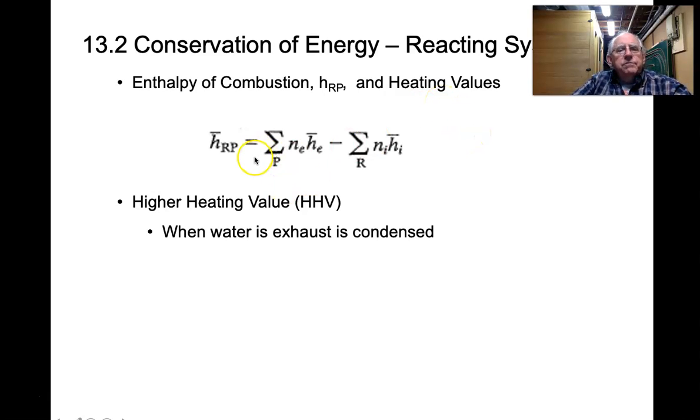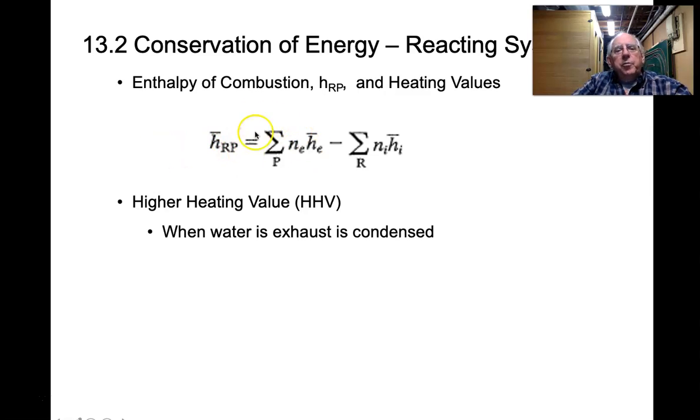Now, in your various tables, you'll see that this value is listed, and it's listed as two different values. One referred to as the higher heating value, and the second, which is referred to as the lower heating value. And the difference is the higher heating value has, in the products, the water has been allowed to drop into the liquid phase.